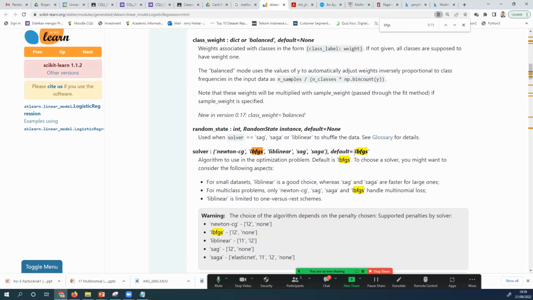The default solver is BFGS. What is the abbreviation? I'm also curious.